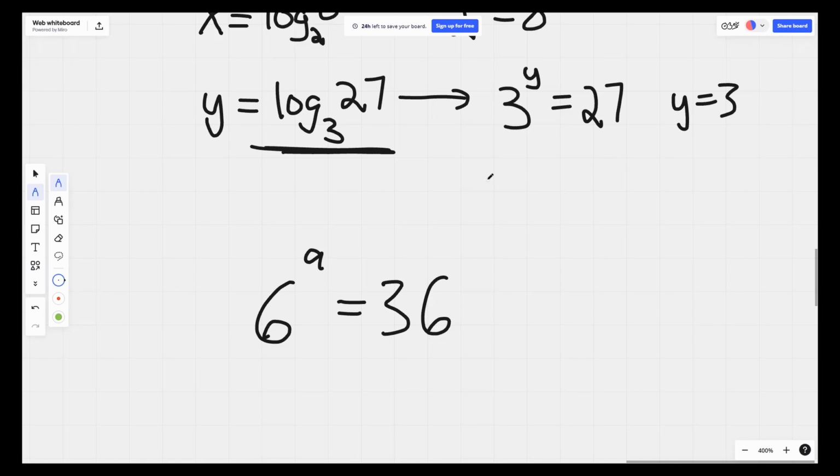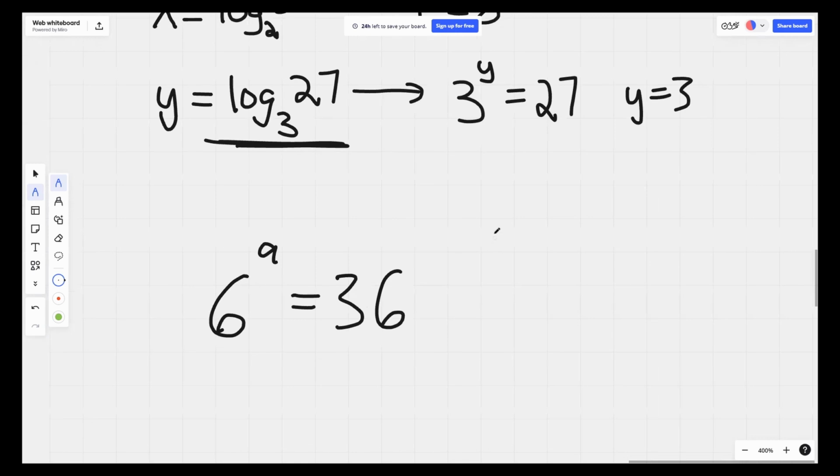All right. So this is very tricky. Logarithms are indeed very tricky, which is why we need to practice this notation a lot. But the answer here is we can rewrite this as log base 6 of 36.